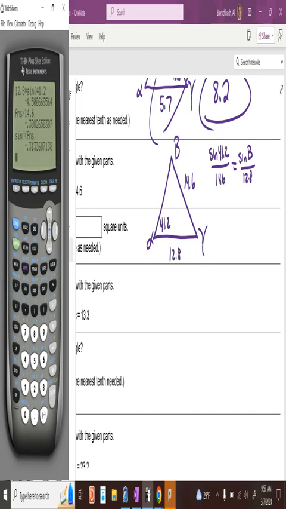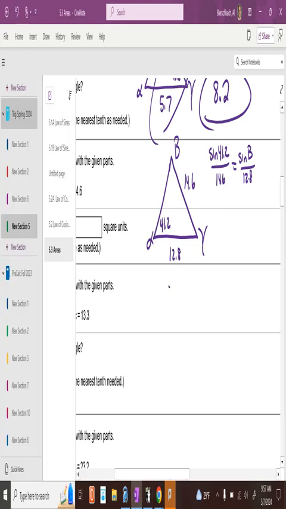We get, whoops, guess what? I'm in the wrong mode. 35.3, thank you. 35.3.